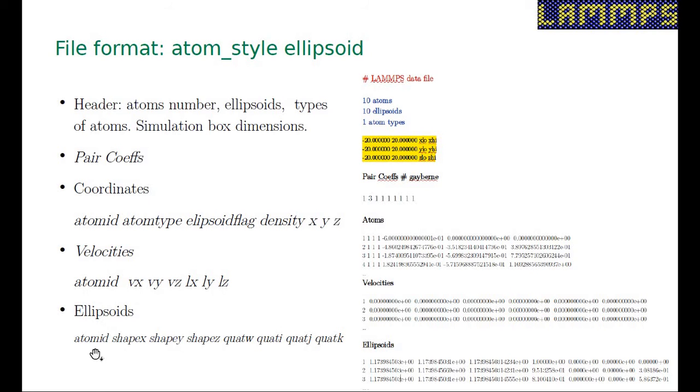In the first column, we have the atom ID, which is an integer number, followed by three numbers called shape X, shape Y, shape Z, indicating the main axes of the ellipsoid particle, followed by four numbers: quat W, quat I, quat J, quat K, the quaternion vector. This vector indicates the orientation of the particle.